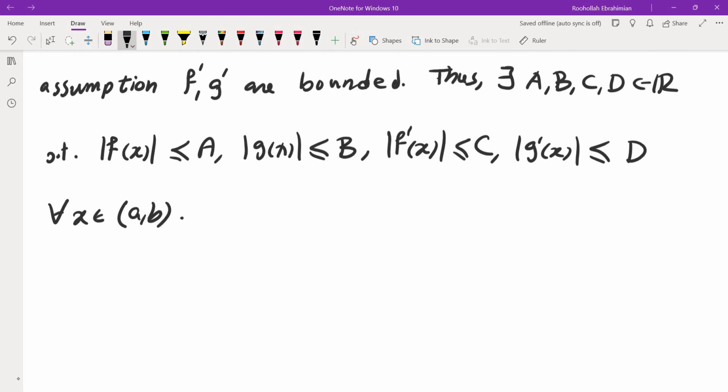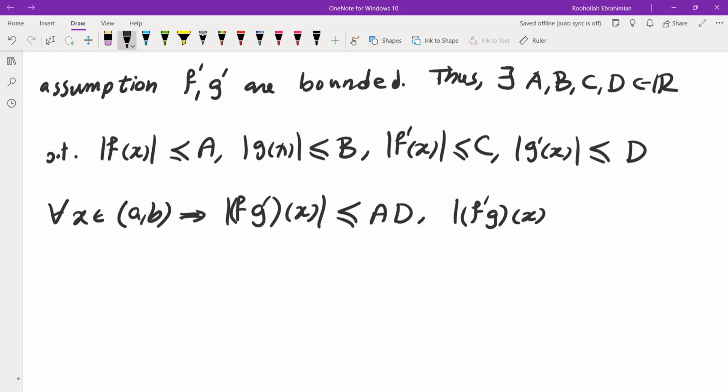So that means if I look at fg prime, this would be fg prime at every point would in fact be less than or equal to AD, and f prime g at every point would be less than or equal to BC.